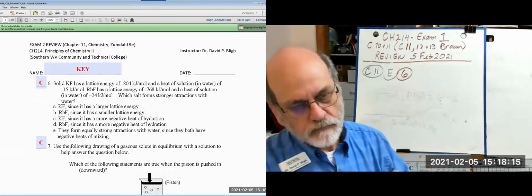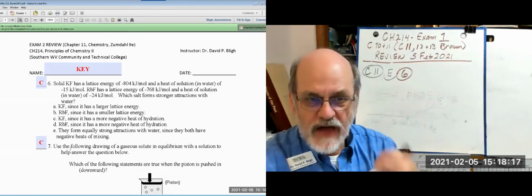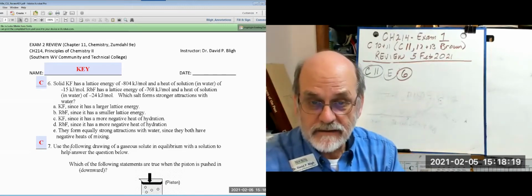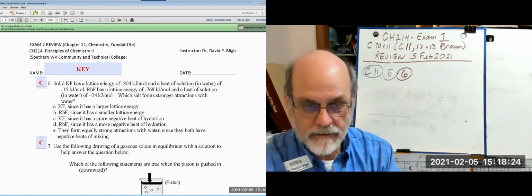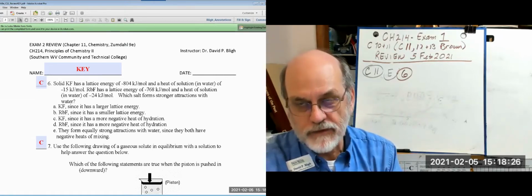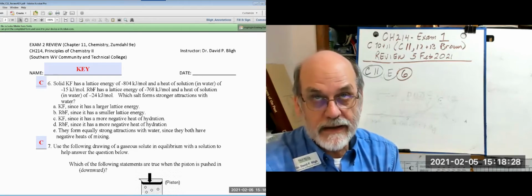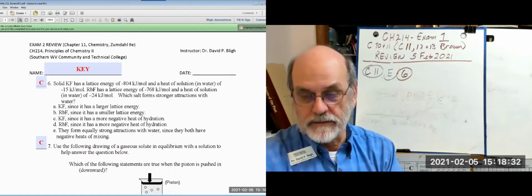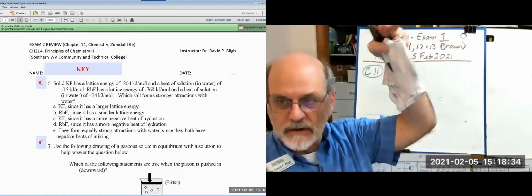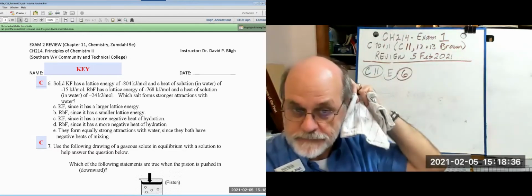Six. You have solid potassium fluoride right here with this data. We'll cover that in a minute. And you have solid rubidium fluoride. So rubidium and potassium are in the same group. Potassium's above, rubidium is the next one below.